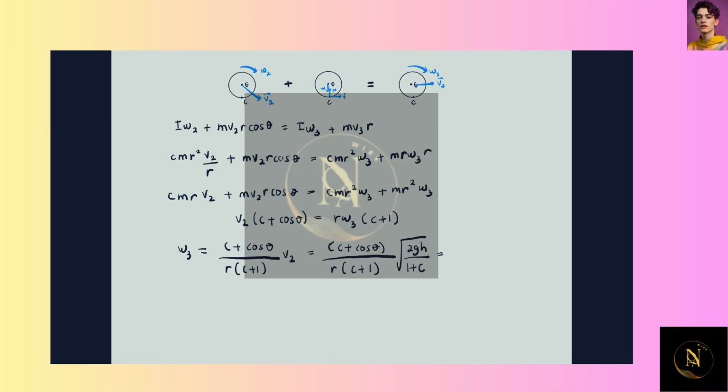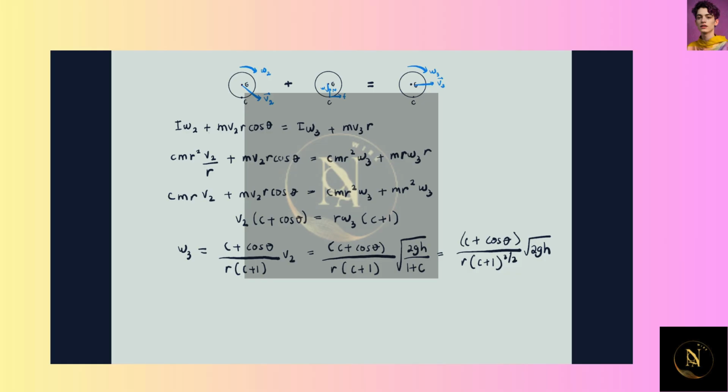Further simplifying, this equals c plus cosine theta all over r times c plus 1 raised to 3 halves times the square root of 2gh.